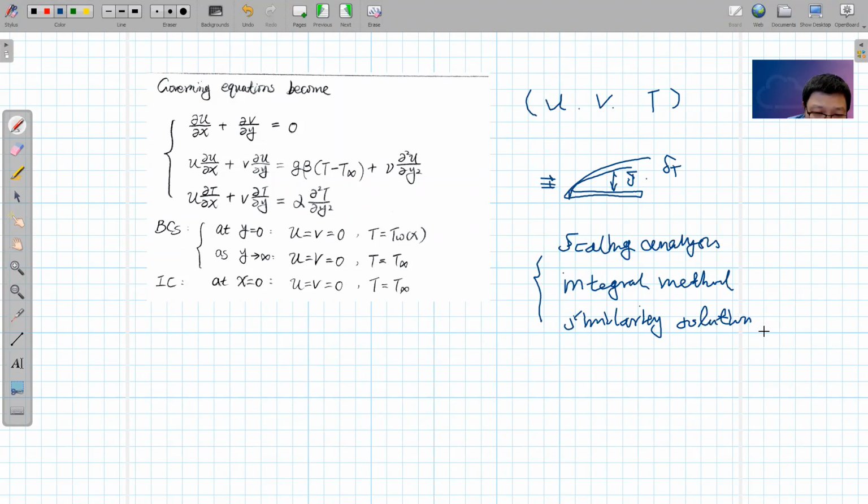Just assume that the velocity profile and the temperature profile inside the boundary layer are similar along the x direction, along the plate direction.